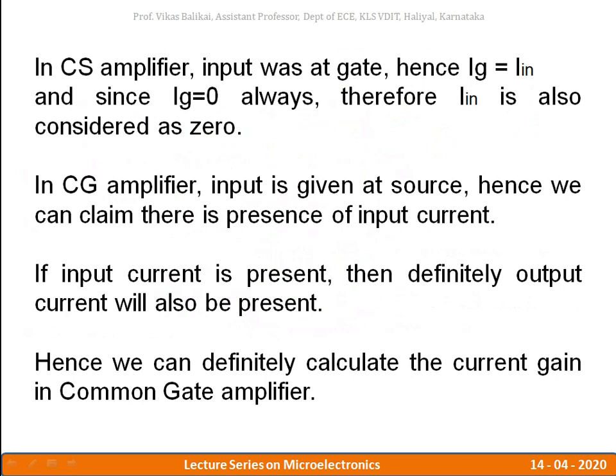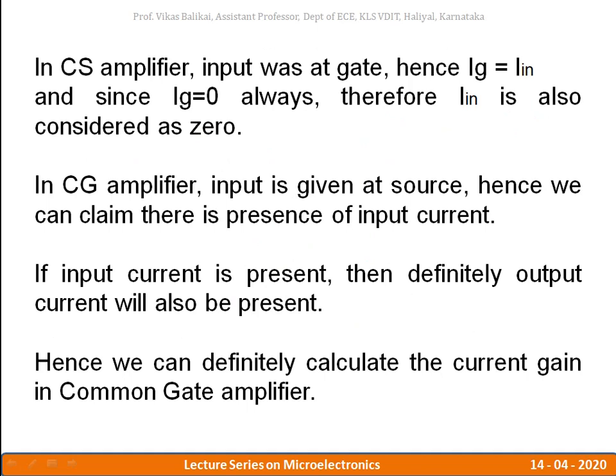Now I'll do one more interpretation. Before that, let's have a quick glance at some more small interpretations. Remember, in the common source amplifier configuration, input was applied at the gate, which means the gate current itself was the input current. And what is the value of gate current in any amplifier configuration?